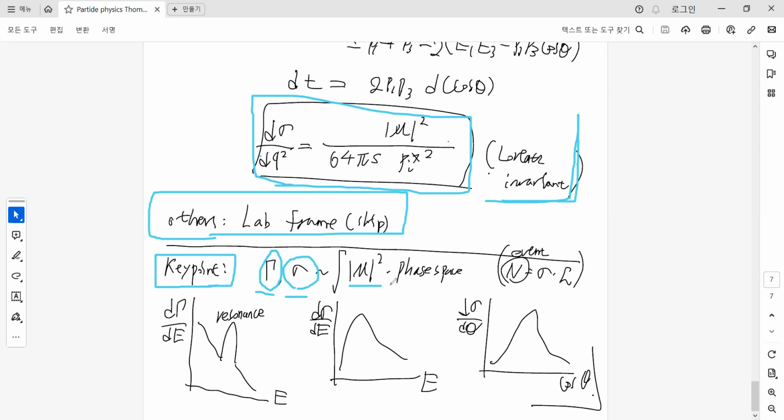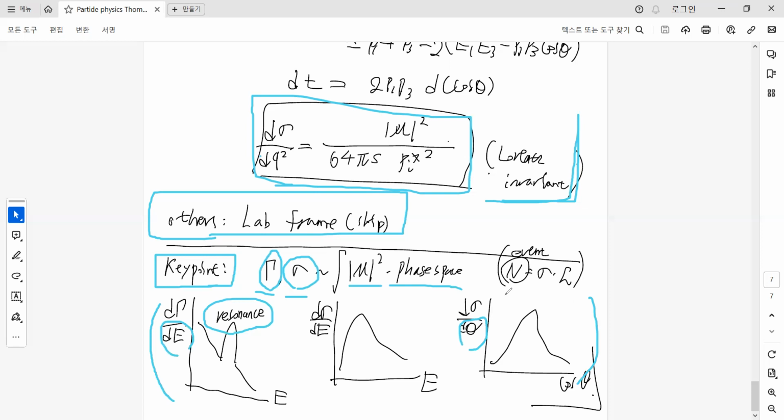We should also integrate over all possible states, expressed as the phase space. The decay rate and cross sections can be expressed as functions of energy or angle, the angular distributions and energy distributions. Resonance can also appear for heavy particles, and we'll discuss it in the following particle phenomenology videos.